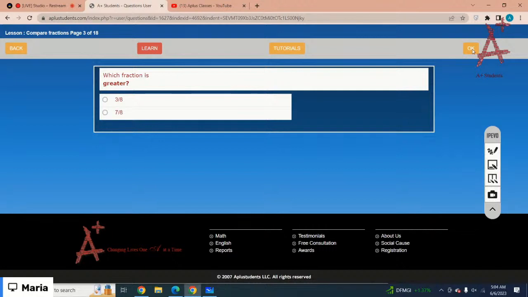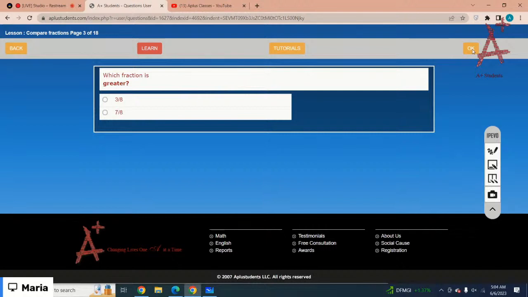I just explained, the one with the greater numerator is the greater one. So 7 over 8 is greater.